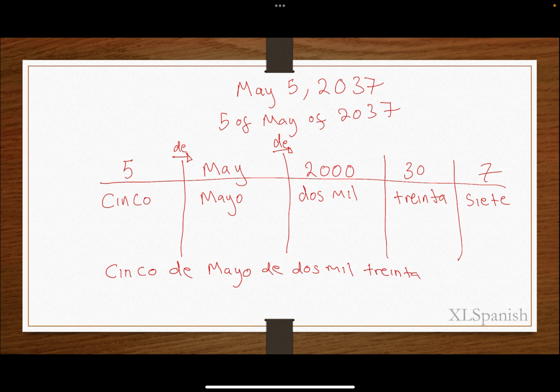Now remember, it's not in the 20s anymore. We're talking about a number in the 30s. So there is a y. So it's 30 and 7. Treinta y siete. 5 de mayo de 2037.